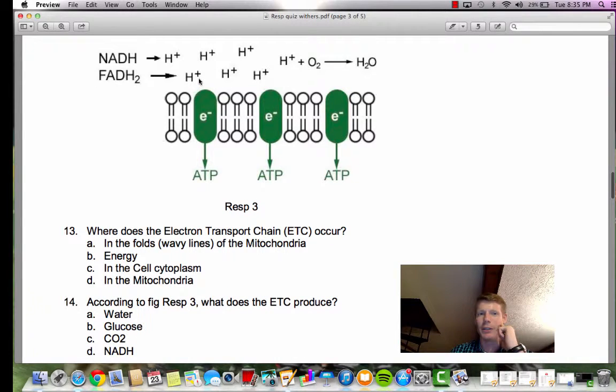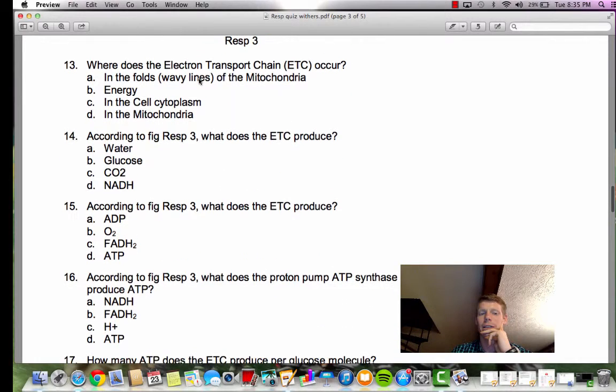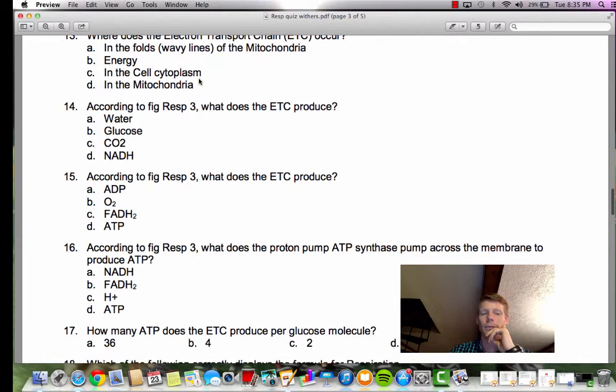So what does the pump move across? 17. How many ATP does the ETC produce per glucose molecule? A, 36, B, 4, C, 2, or D, 32? How many does the ETC produce per glucose molecule?